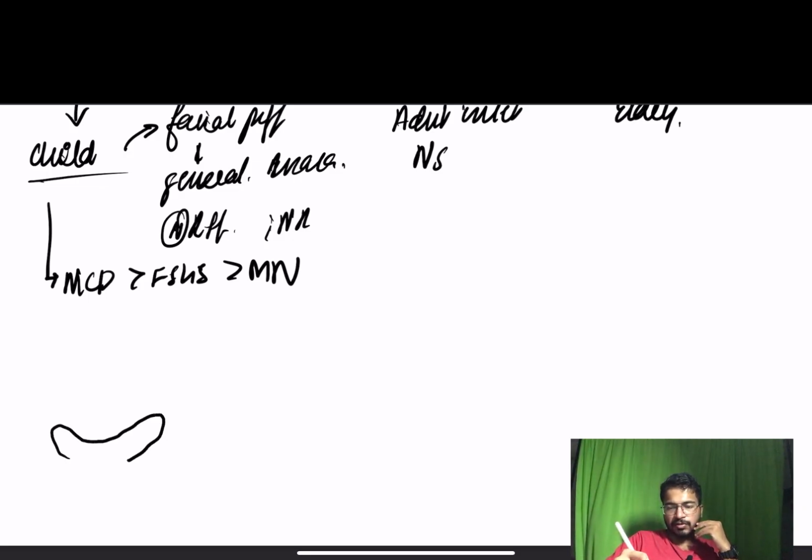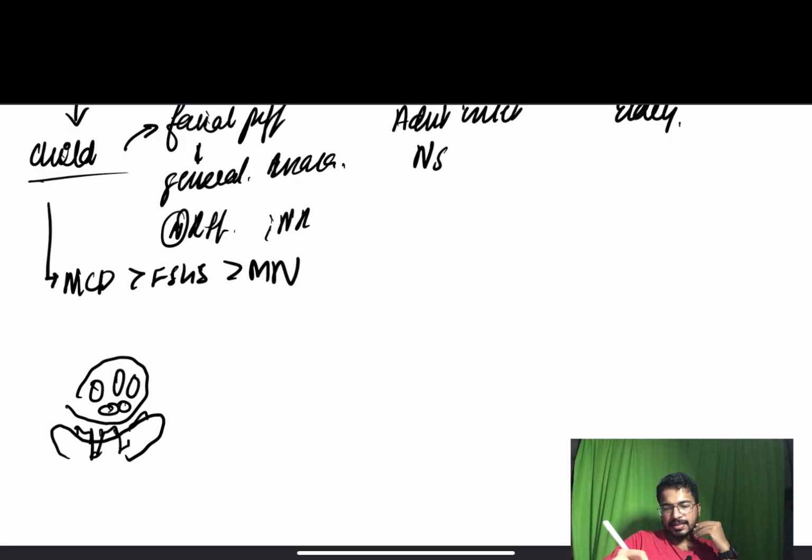This is the Bowman's capsule, and this is the glomerular tuft. There are podocytes, and these are the slits through which the ultrafiltrate gets filtered into the Bowman's capsule. Basically, they have a negative charge.